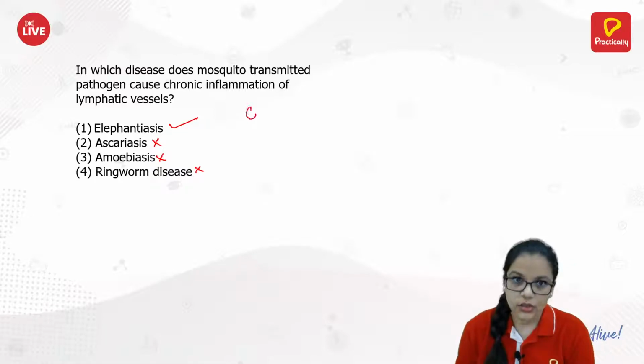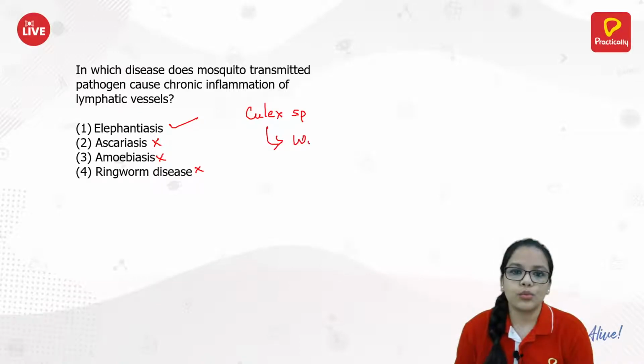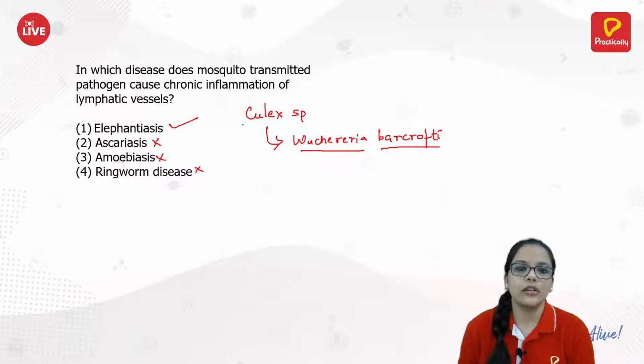Elephantiasis is caused by Culex species, which carries the parasite Wuchereria bancrofti. Okay, so this is the pathogen which causes elephantiasis.